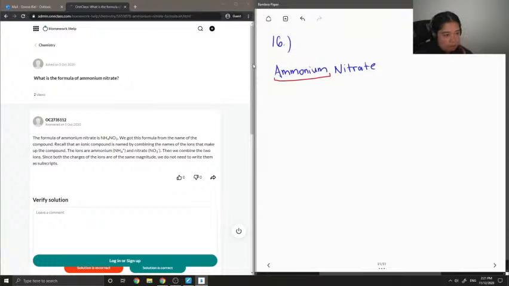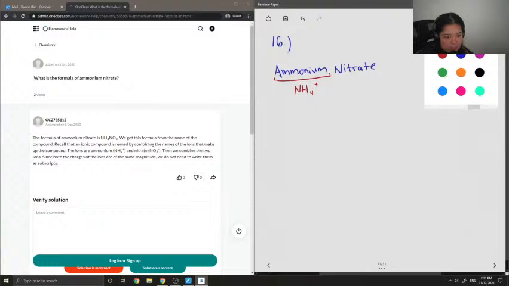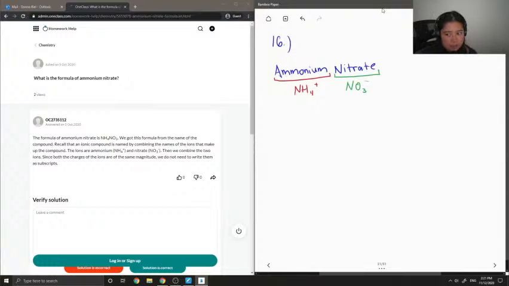The ammonium ion is written as NH4 plus, and the nitrate ion is NO3 minus. So you'll notice that both of these ions have a +1 and a -1 charge. So we only need one of each ion to make ammonium nitrate.